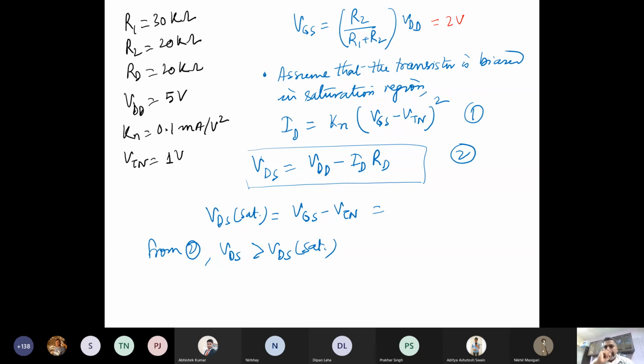Okay, and then you have to find out the drain current. Once you obtain the drain current, you substitute in this equation and find out the drain to source voltage. It's an output voltage, so that would give VDD minus ID times RD, depending on the value of ID, and then we obtain the saturation voltage VDS.